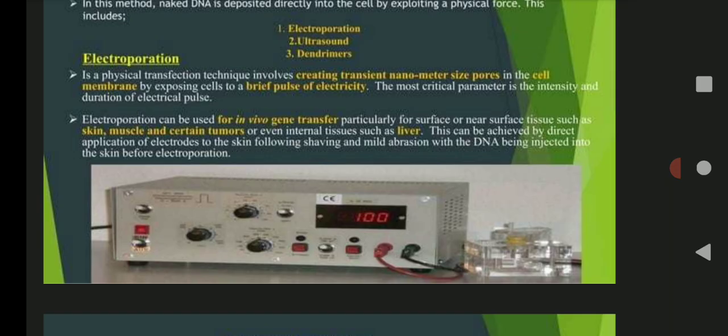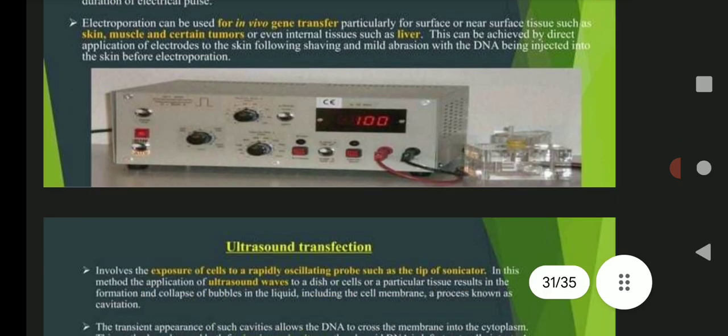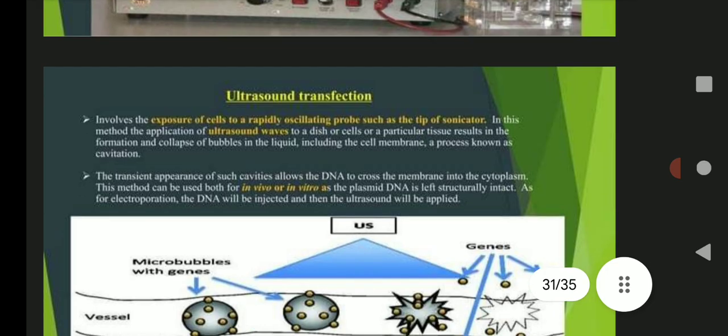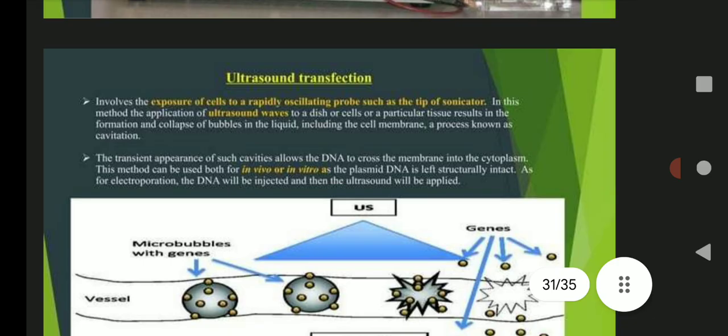This method is utilized in incorporation of DNA into skin, muscle and certain tumors, as well as internal tissues such as liver. Ultrasound, here alternately the ultrasound waves are applied to the surface of the cells. This alternate application of ultrasound waves is responsible for the delivery of the DNA into the particular cell.